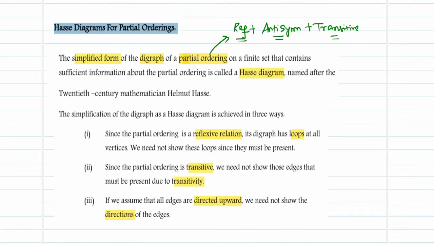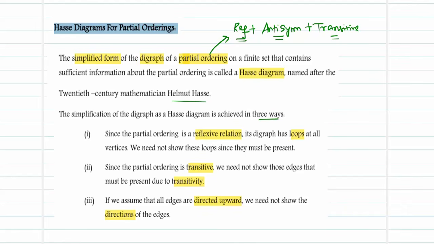This kind of simplified version of a digraph was devised by the 20th century mathematician Helmut Hasse, or Hayes, however we want to pronounce it. And what he gave was three different methods to achieve it.